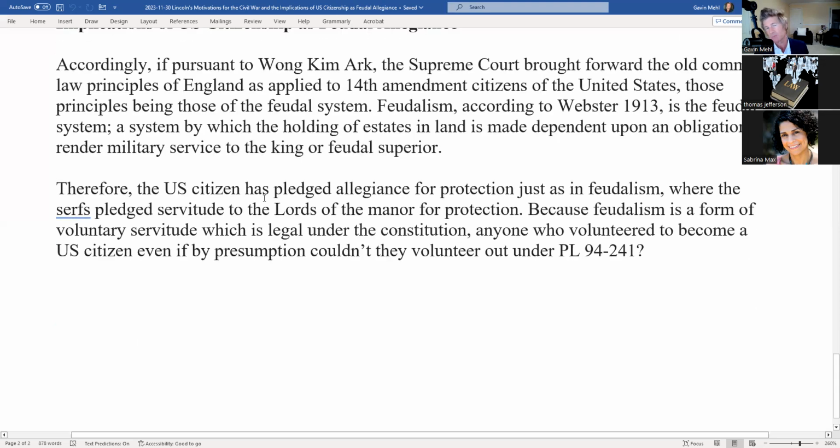Therefore, a U.S. citizen has pledged his allegiance for protection, just as in feudalism, where the serfs pledged servitude to the lords of the manor for protection.